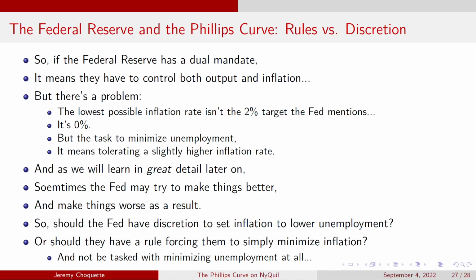Should the central bank be required to maintain some sort of a credible plan when it comes to inflation? Should they be required to stick to some inflation minimizing rule and not be concerned about unemployment? Namely, should the Federal Reserve only be focused on inflation, or should they be focused on inflation and trying to alter or affect the real economy?